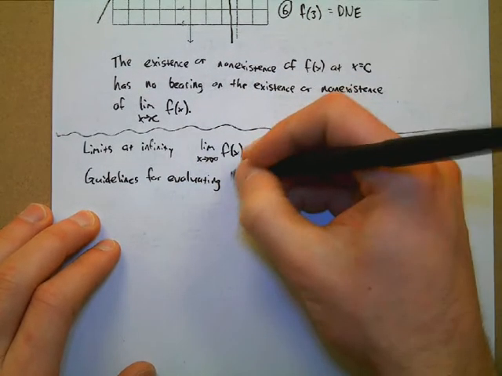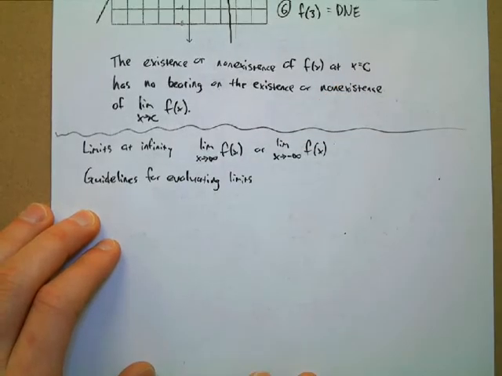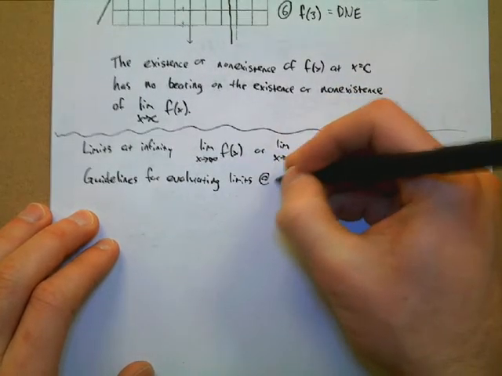Okay, we've already seen with polynomials that you just use the lead coefficient and the degree to help you evaluate the limits.